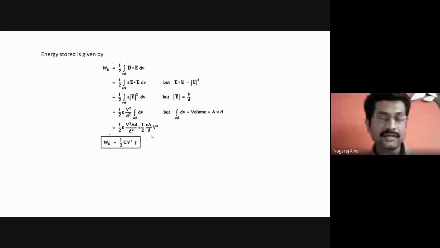Epsilon A by d gives the equation for which parameter? Sania? Suraya Banu?